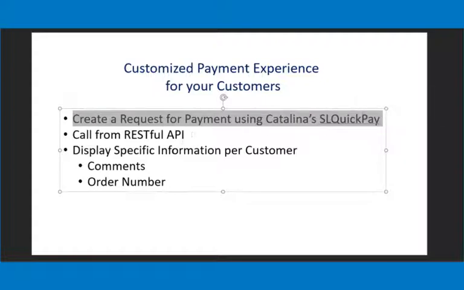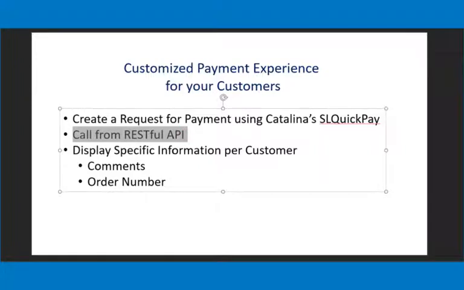payment using our SLQuickPay. I'm going to make that request through a RESTful API. Now we have multiple ways of making this request, whether through the RESTful API, or through a SOAP-based API, or by just calling a simple stored procedure, so that anytime you need to create a link for the customer, you can do that and they just click on the link and pay for it.